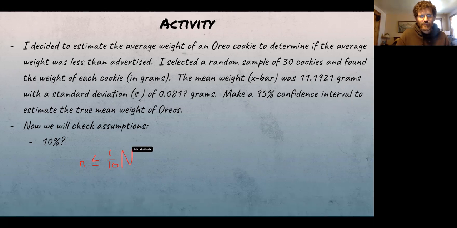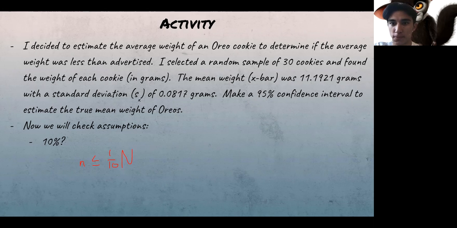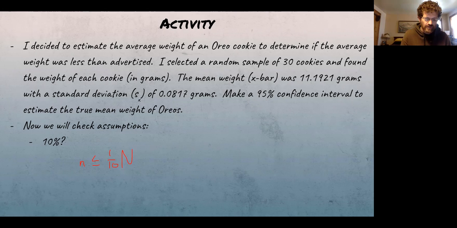And big N right here refers to the population size. Is our sample size less than 1/10 the population? Yes. Very clearly. 30 cookies is a tiny, tiny fraction of that. So we could say something to the effect that 30 cookies is less than 10% of the population of all Oreo cookies.